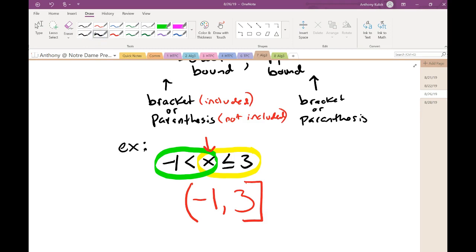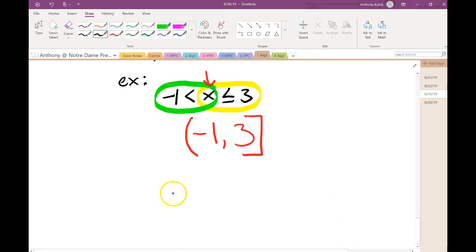Let's do another example. What if we have x is less than 5? What's the lower bound on this? The smallest number we'd be concerned with. Well, x is a number.